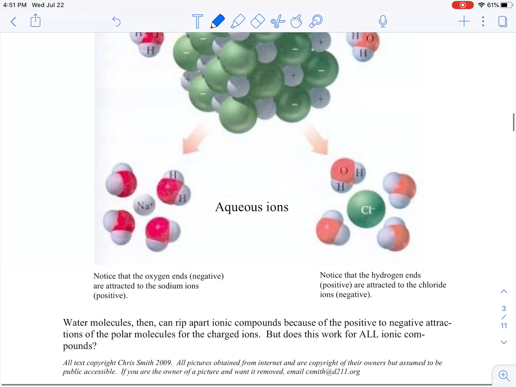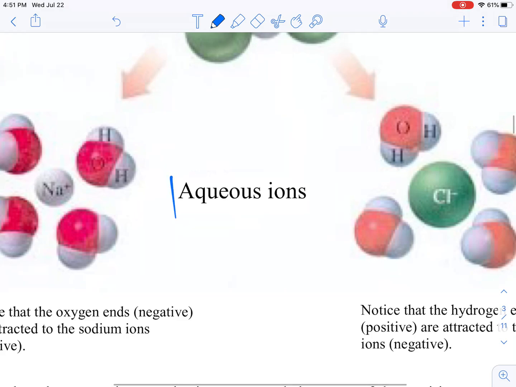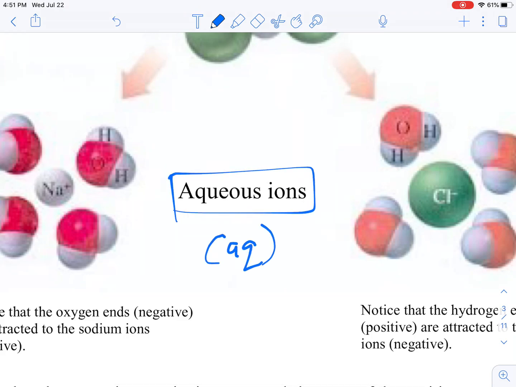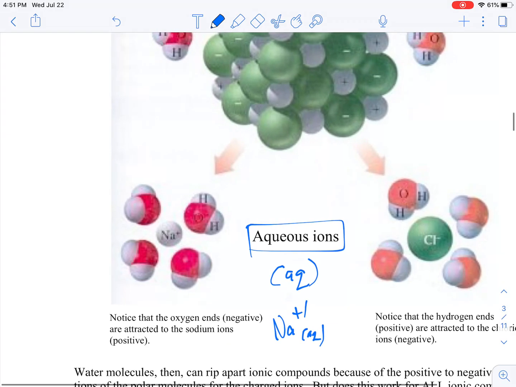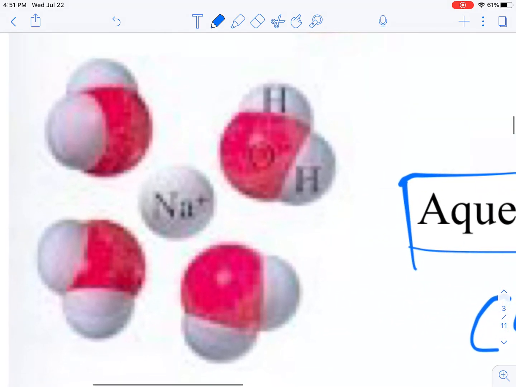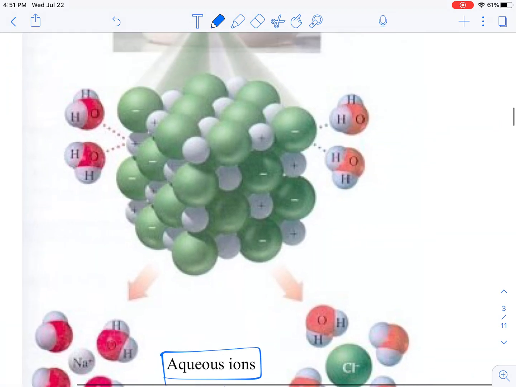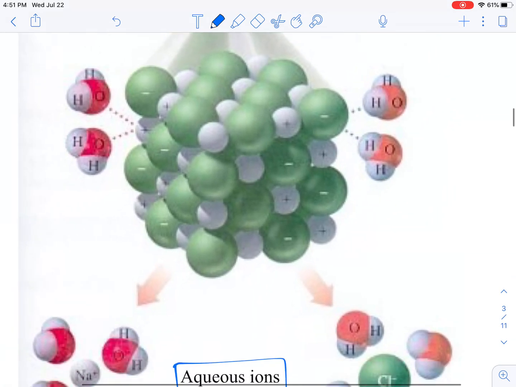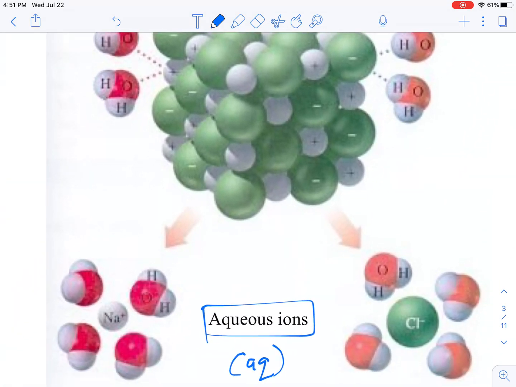So what you end up with are what are called aqueous ions, and the term aqueous is oftentimes seen as AQ, right? So if you see something like Na+1 (aq), what it means is that it's a sodium ion that has been ripped out of the crystal. So again, here's your crystal, and the sodium ion has been ripped out of that crystal and is now surrounded by water molecules and is free to roam around in the beaker there.